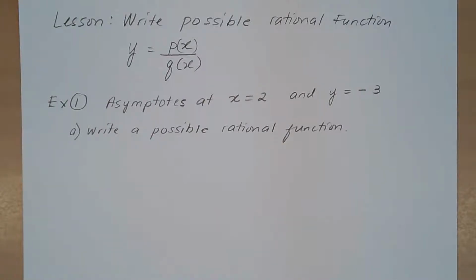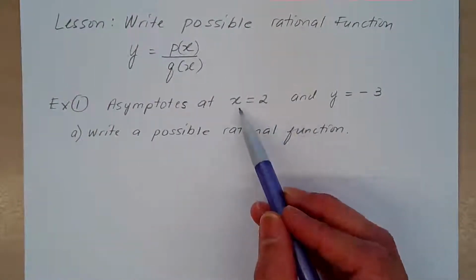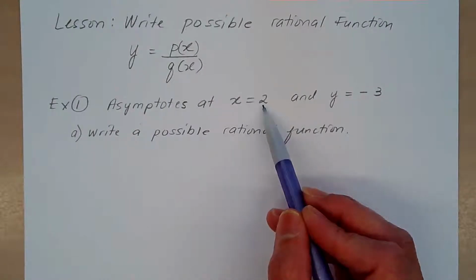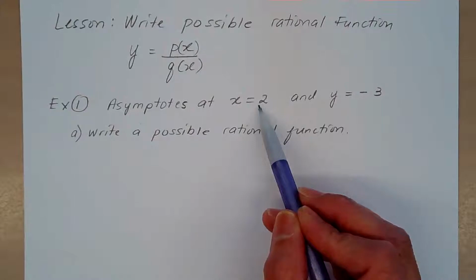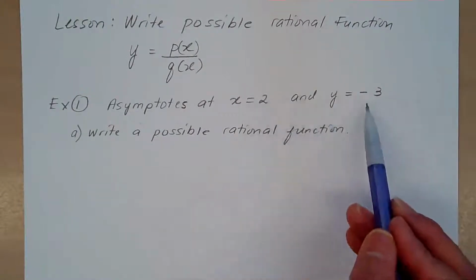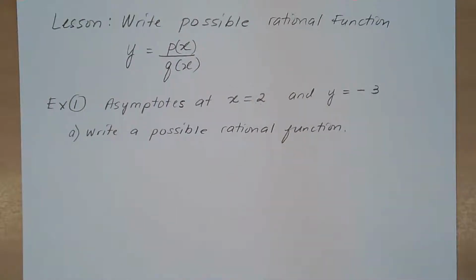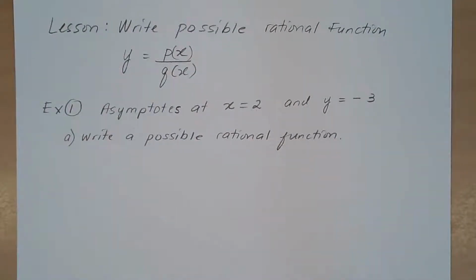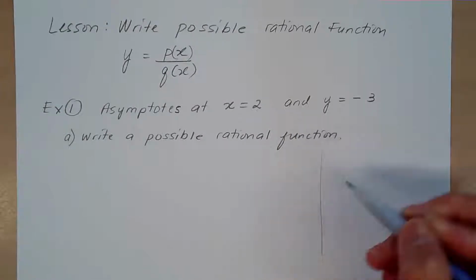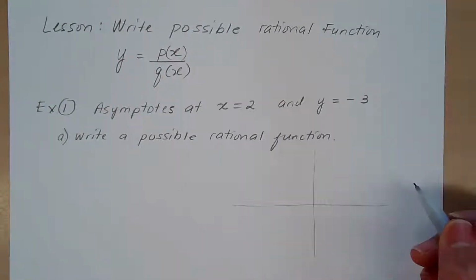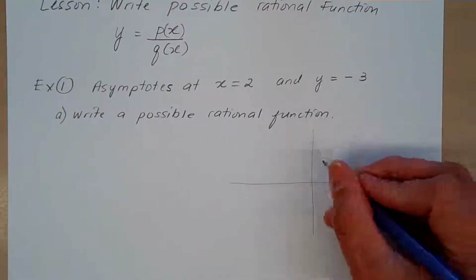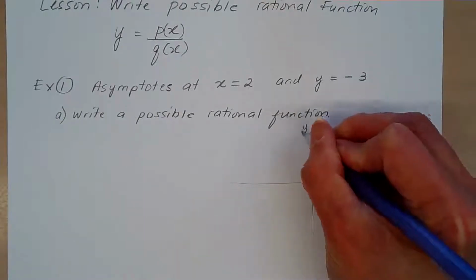Now, if you're already thinking about that, you've got 2 clues in here. You've got an asymptote at x equals 2. Is that a vertical or a horizontal asymptote? Vertical asymptote at 2 and a horizontal asymptote at -3. Can we picture that in our brain? This is your x-axis, y-axis.